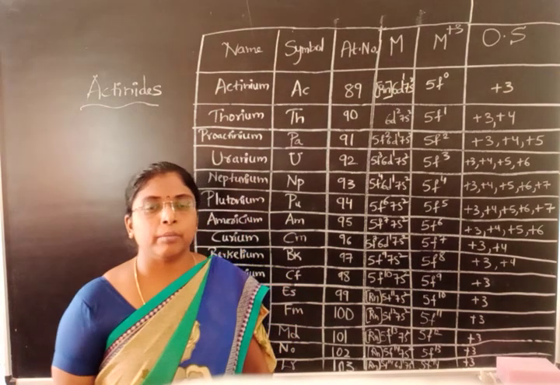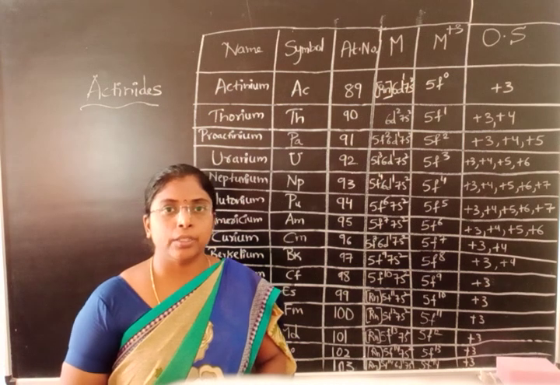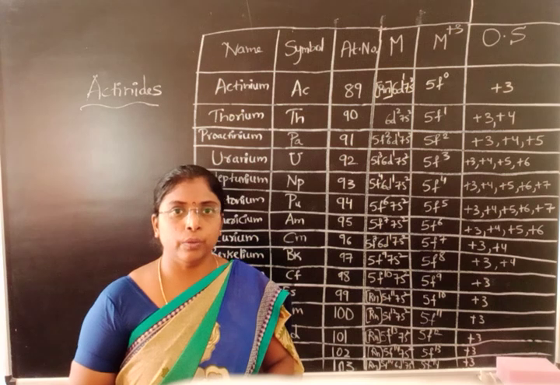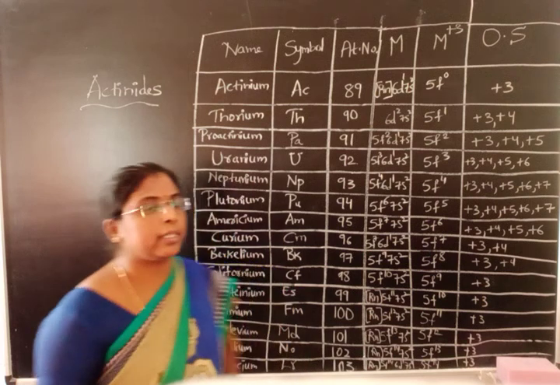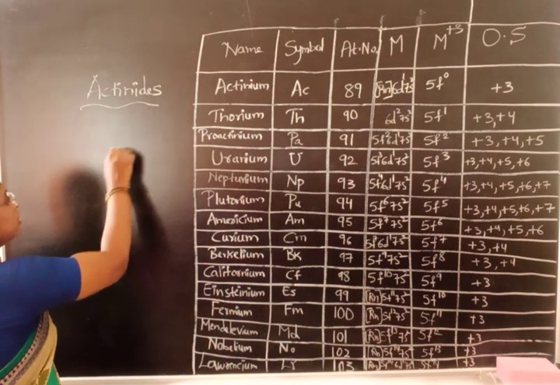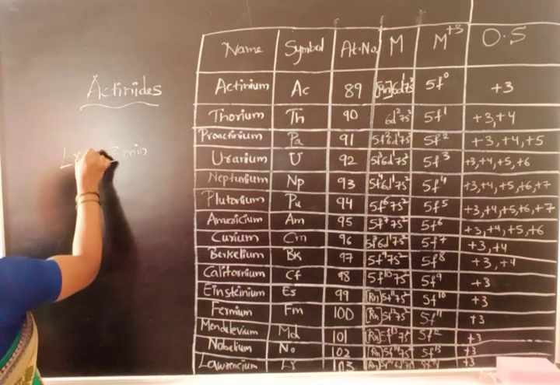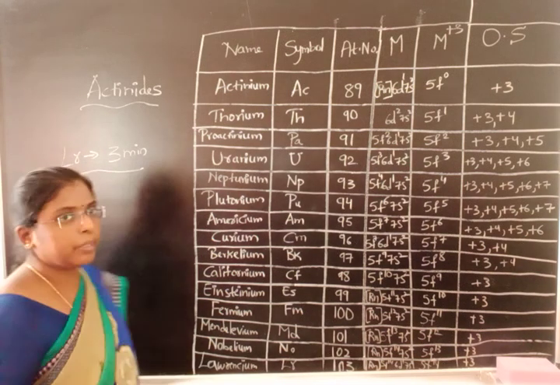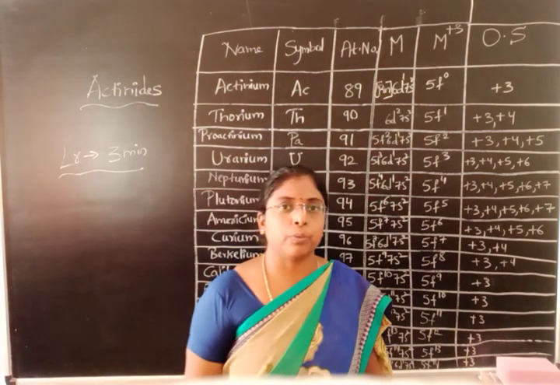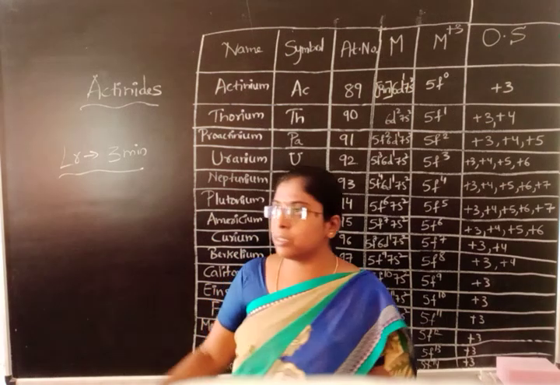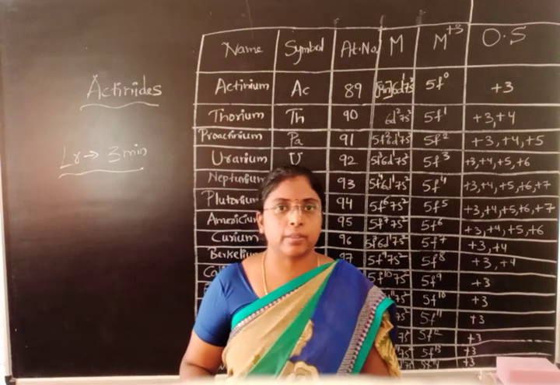They are radioactive with a very short half-life, ranging from 3 minutes to 1 day. Among these, lawrencium has the shortest half-life, just 3 minutes.